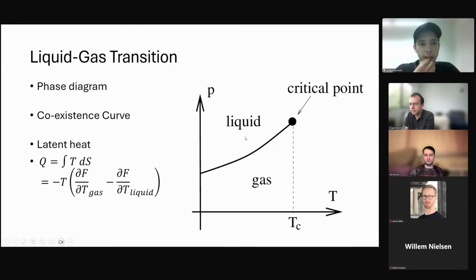Does this make sense? So now we associated the discontinuity here with a discontinuity in the first derivative of the Helmholtz free energy and the absorption or release of latent heat.